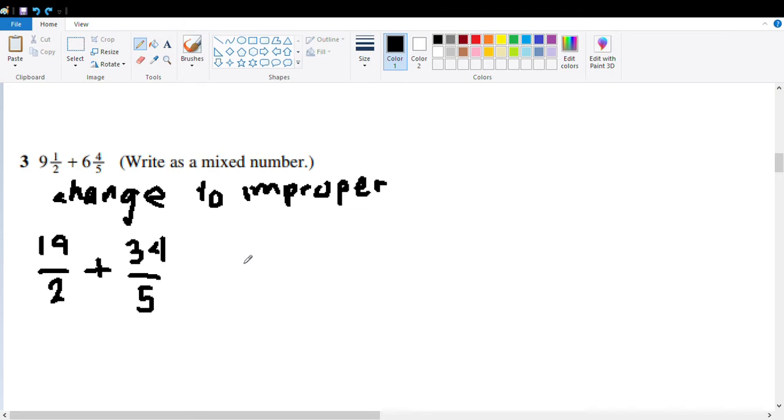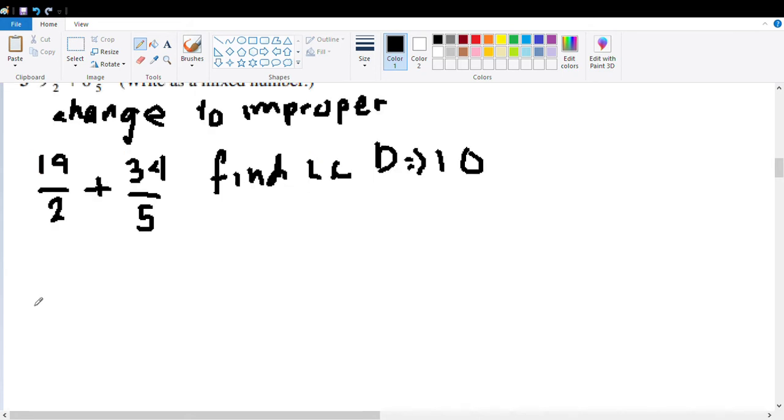Well, first things first, you need to have a common denominator. So find the LCD. In this case, the LCD is 10. So what we're essentially doing is changing both denominators to 10.